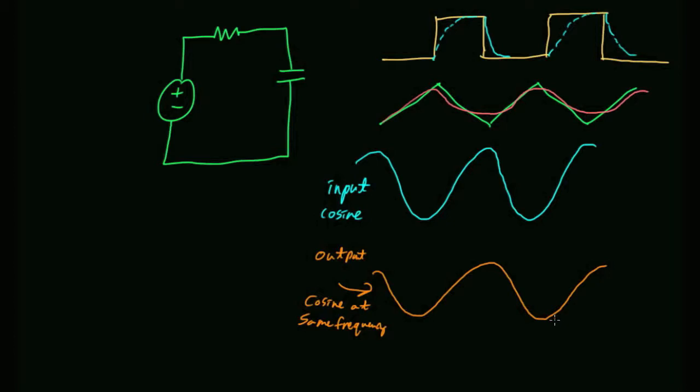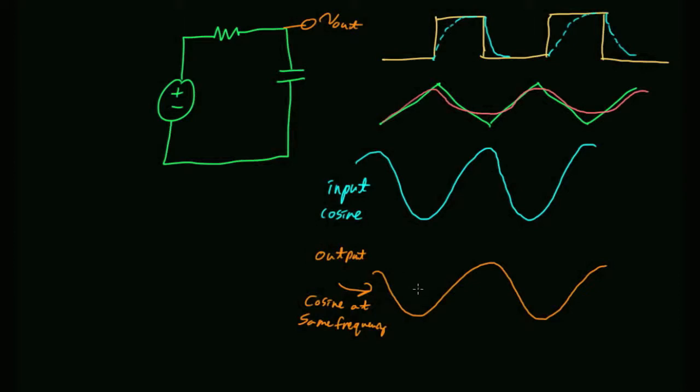If you take a square wave and put it into this circuit, did you get a square wave out? You did not. If you put a triangle or a sawtooth in, you do not get a triangle or a sawtooth out. Cosines have this magical property that if you put a cosine into any linear circuit, so linear means resistors, capacitors, and inductors, which is basically most everything, your output will be a cosine at the same frequency.